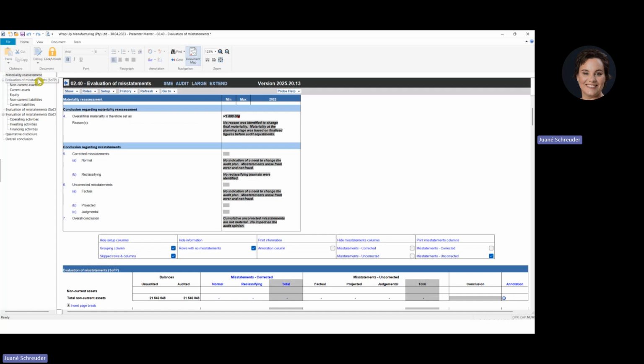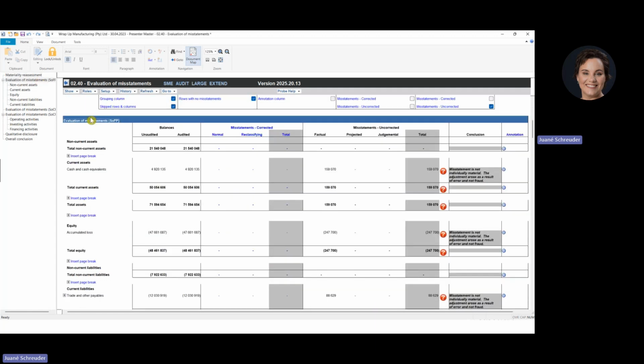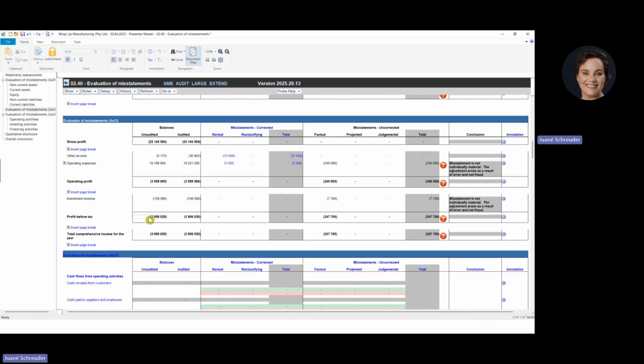In the document map on the left-hand side, you may remember that we had the statement of financial position, automatically bringing those journals through, and the same with the statement of comprehensive income.